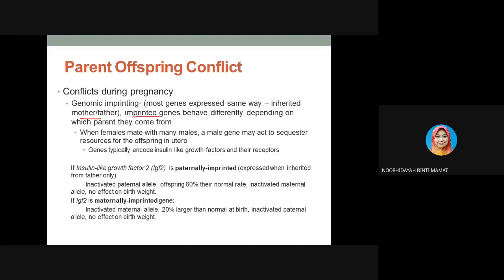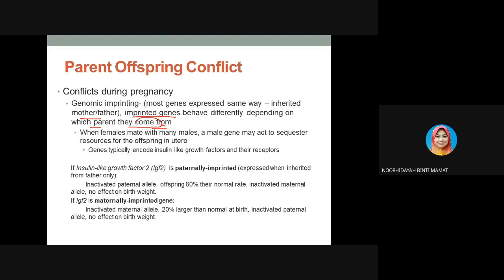But imprinted genes behave differently depending on which parent they come from. So in this situation, when females mate with many males, a male gene may act to sequester the resources for the offspring in the uterus of the female.